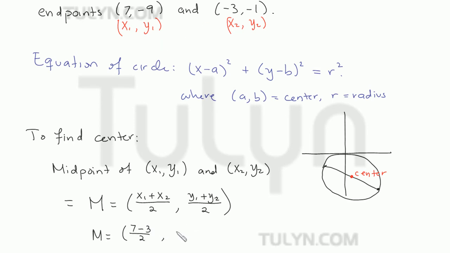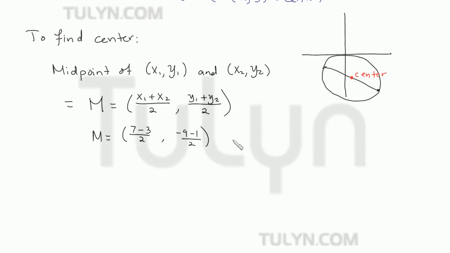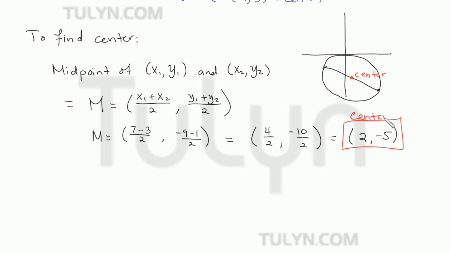And then y1, negative 9, plus y2, negative 1, over 2. Solving, this simplifies to 4 over 2, and negative 10 over 2. So our center is (2, -5). And this is our center.